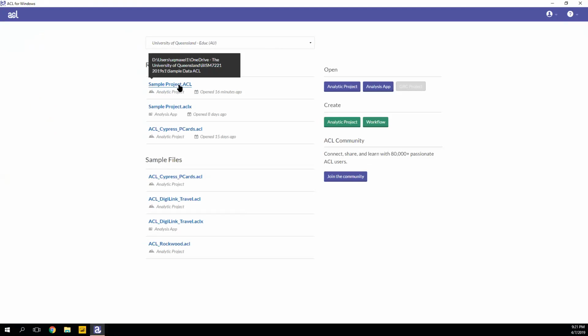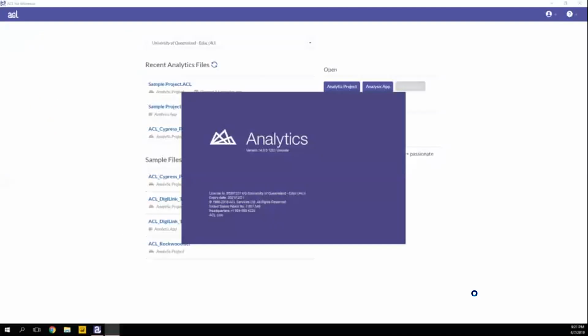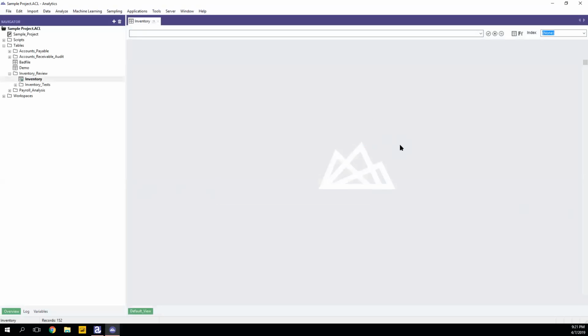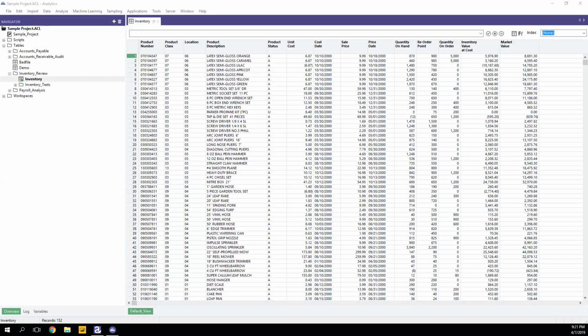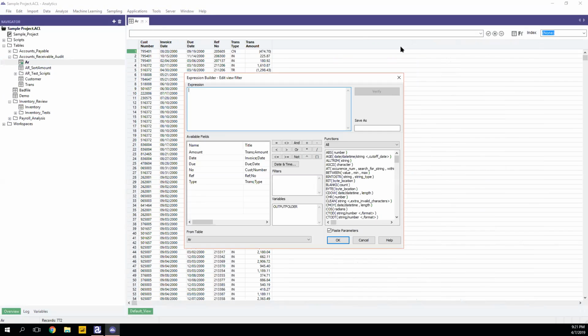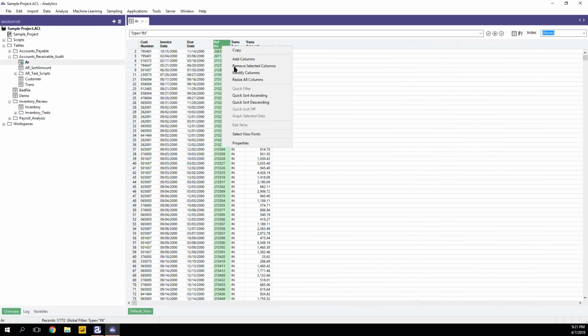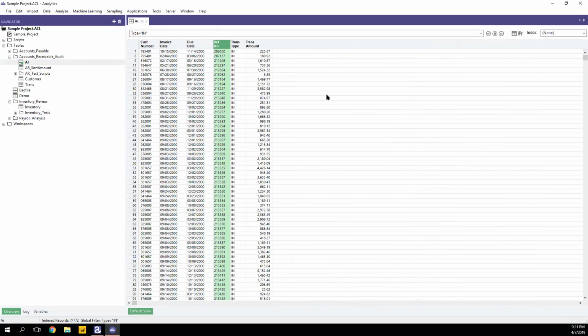Okay, let's try opening that up again. So what I was getting to was that in accounts receivable, I run my filter over it, type equals IN, and I was going to sort it by refno.